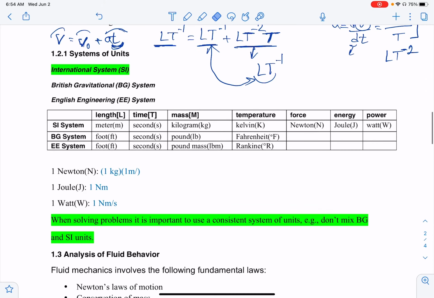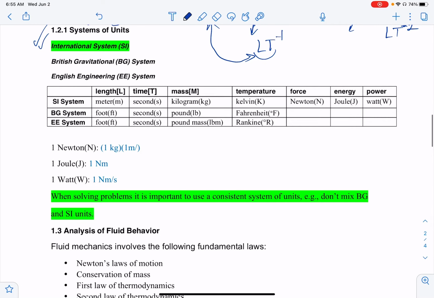Then the system of units. We have different systems of units in the world: the international system, the British system, and the English system. In this book, we mostly use the international system, SI.